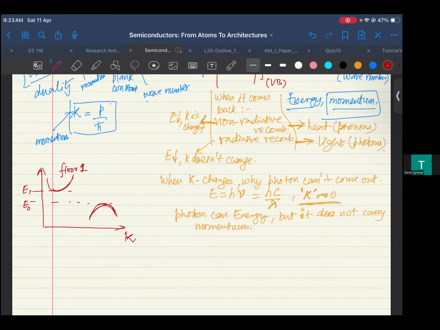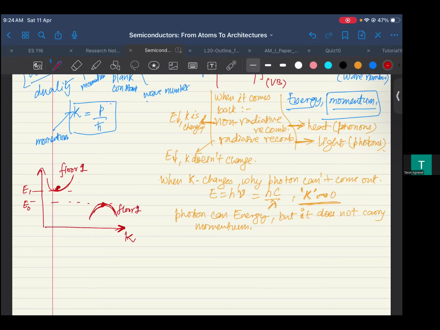This is my Emax and Emin. This is your floor 0. But the two floors are not on top of each other in the momentum space, which is why, let's say there is an electron which is here.